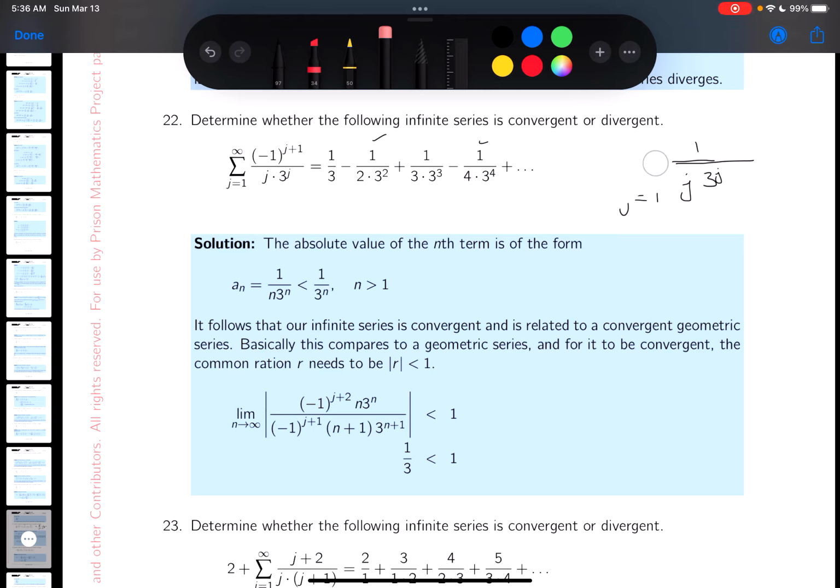And what I'm going to do is move on to the absolute value of the term and see what happens there. I want to get a comparison with something I know about.